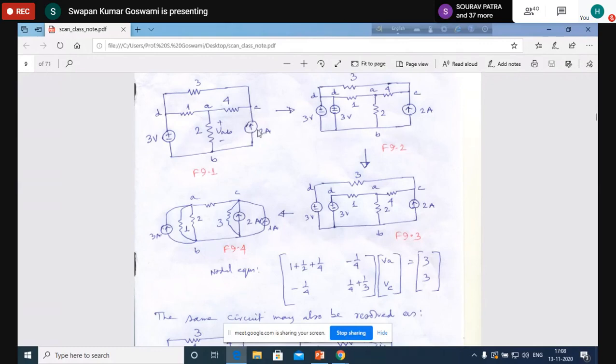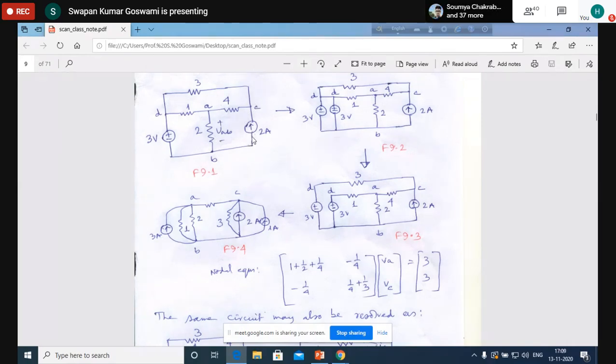So since we have a current source, we have to convert into a voltage source now. For that, we actually needed a resistance, or an impedance connected between node B and C that is not there. So directly we cannot convert this 2 ampere current source into a voltage source. But what we can do?